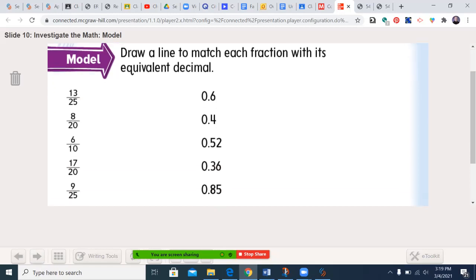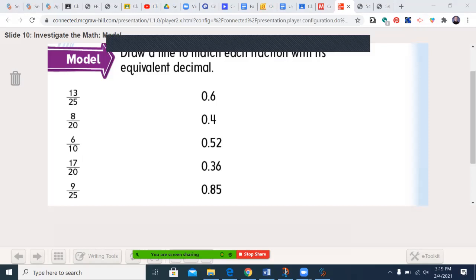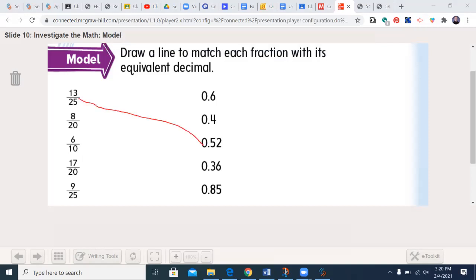Draw a line to match each fraction with its equivalent. So let's start at 13 over 25. 25 goes into 100 4 times, so I multiply this by 4, which will give me 52. 52 over 100 is 0.52. 8 over 20: 20 goes into 100 5 times. 8 times 5 is 40, so you could say 40 hundredths or 4/10. 6/10: it's already over a 10, so you have a 6, so 0.6. 17 over 20 is going to be 85 over 100.